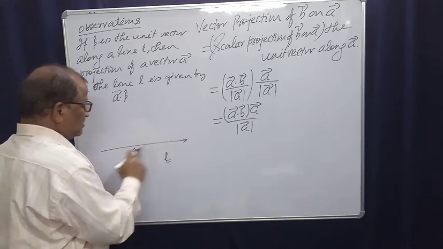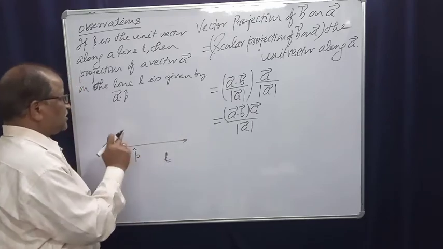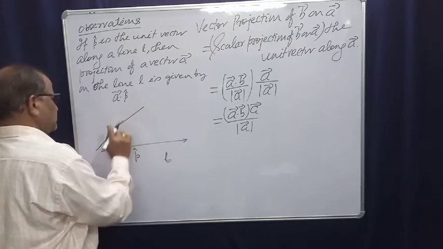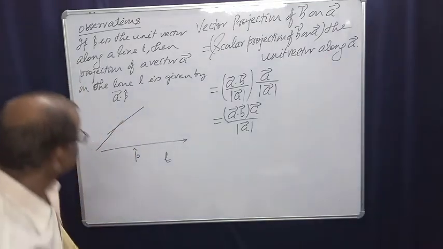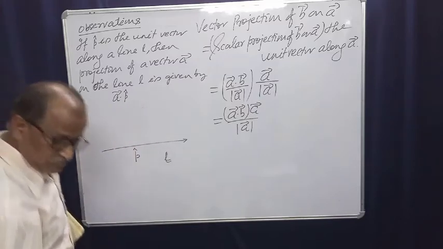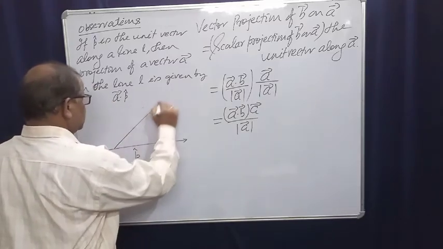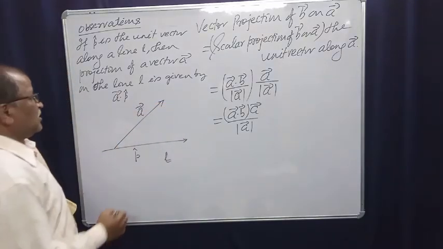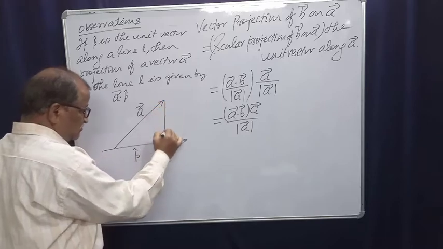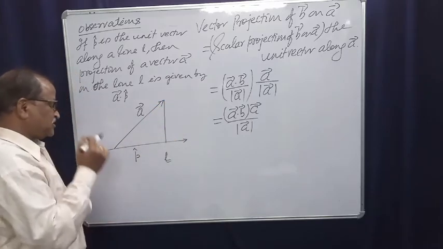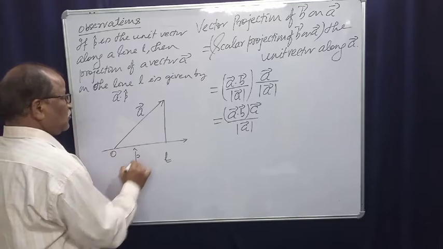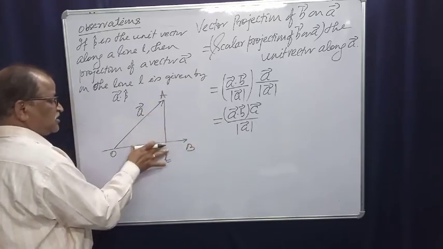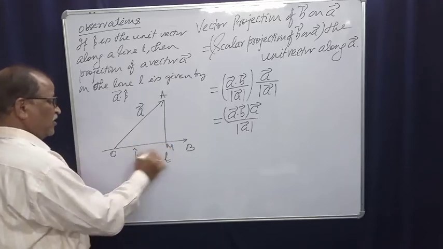Here is a vector, suppose this is a vector A. So its projection, simply projection or scalar projection. Suppose this is O, A, suppose B. The projection of this on this is OM.